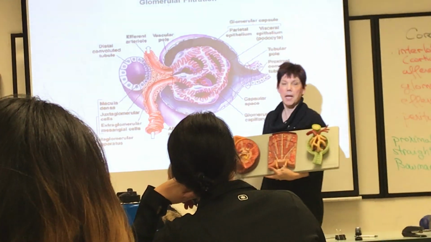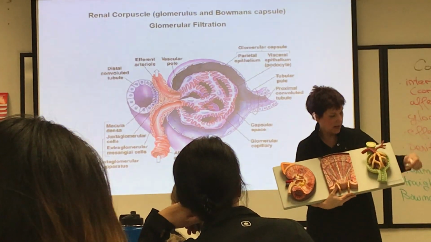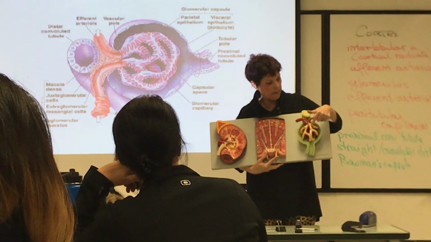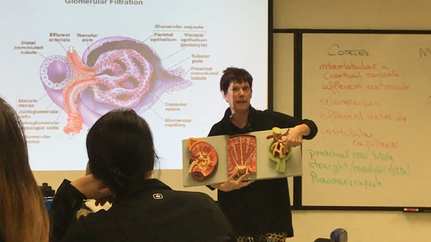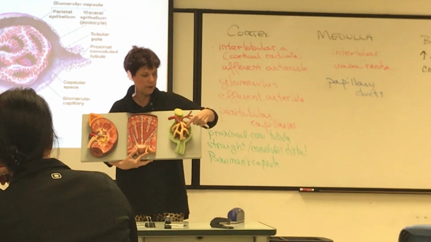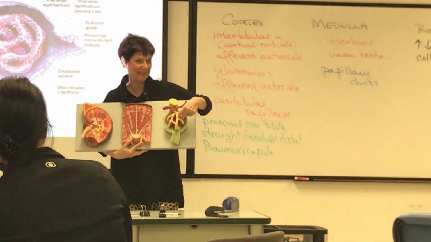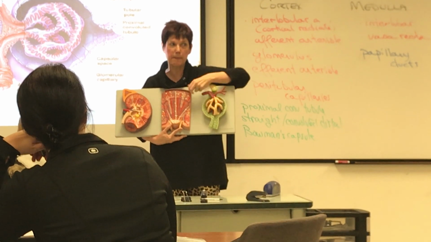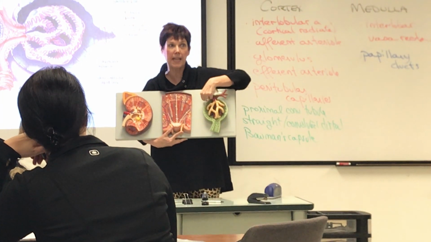But as we look at the structures, we have the simple squamous epithelium of the capillary, and that's covered by the simple squamous epithelium of the visceral layer, specialized cells that we call podocytes. Anybody know what podo refers to? We usually see it spelled P-E-D instead of P-O-D.